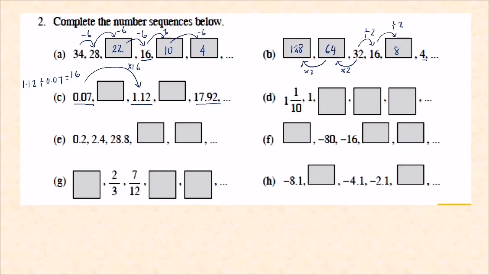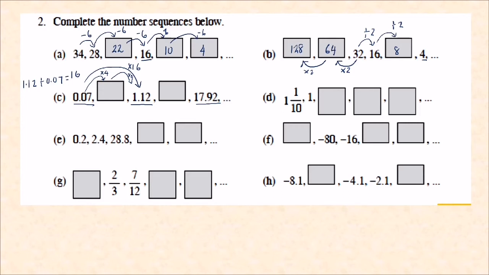How about from 0.07 to the next one? Is it multiply by 4? After that, multiply again by 4. Total is multiplied by 16. Correct or not?